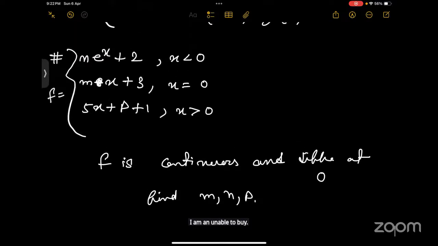You have to find m, n, and p. We have given the hint that the function is continuous and differentiable at 0.